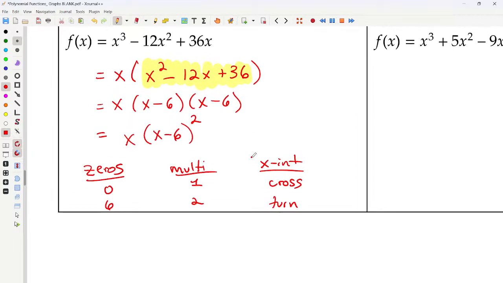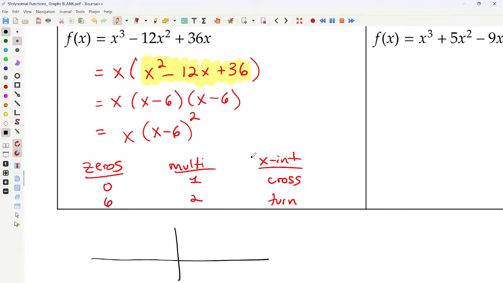Let's sketch this graph. How many factors of x are there right here? 1. How many factors of this group are there? 2. That's literally the multiplicity. You got it now?